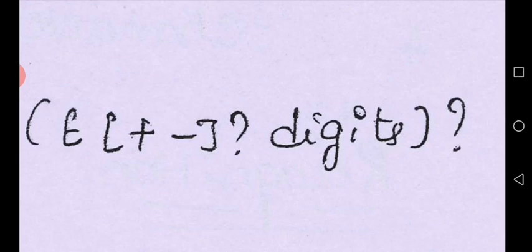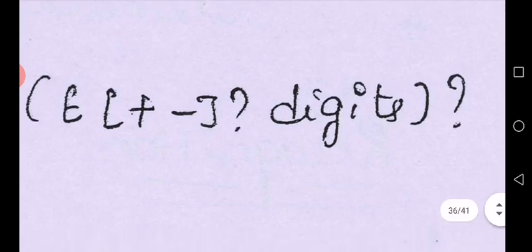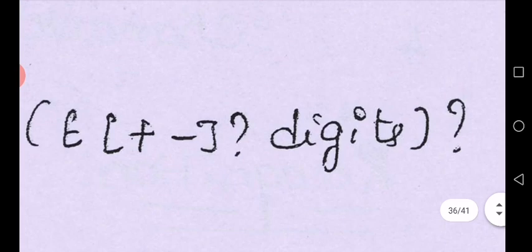After e, if possible, we can use plus or minus; otherwise you can neglect it, no problem. Such kinds of numbers are available; if you Google, you can find different examples. E followed by plus or minus, or else we can neglect the sign, later followed by digits exactly. And this is also optional.